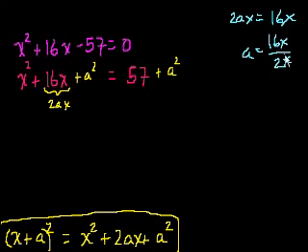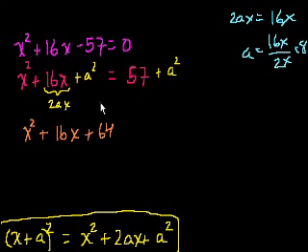Assuming that x doesn't equal 0, this evaluates to 8. So a is 8. If a is 8, we could rewrite that expression as x squared plus 16x plus a squared, well, 64, because a is 8, is equal to 57 plus 64.